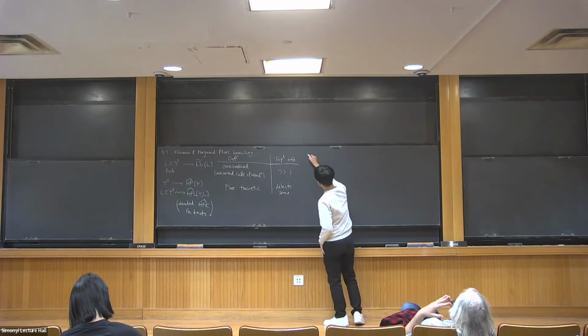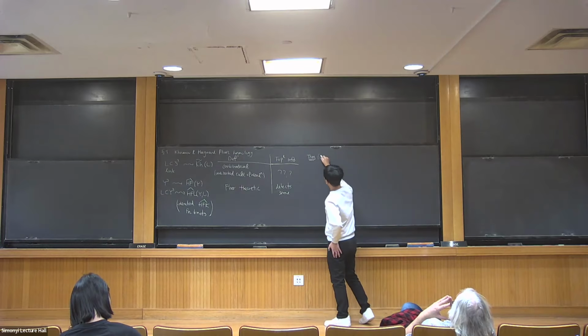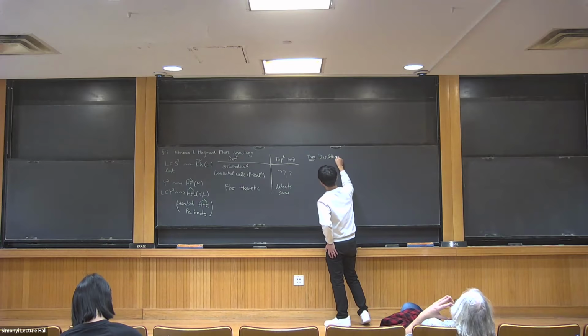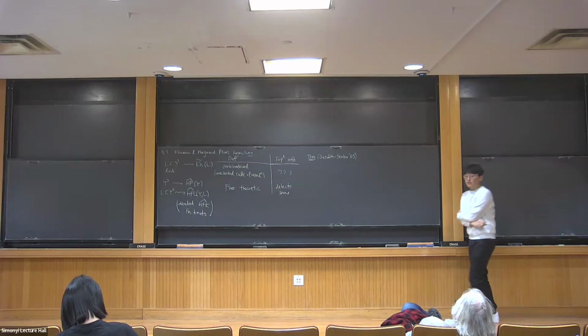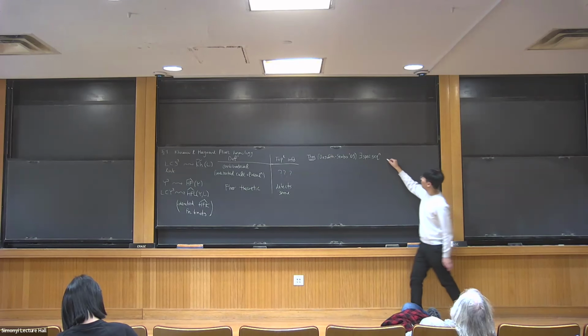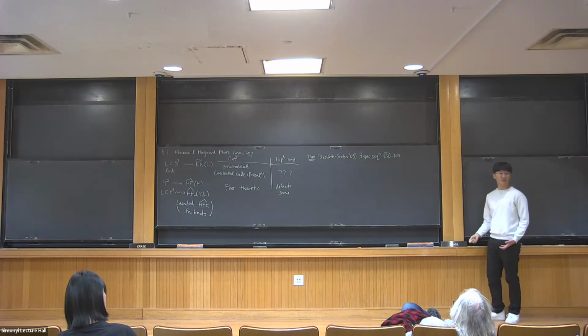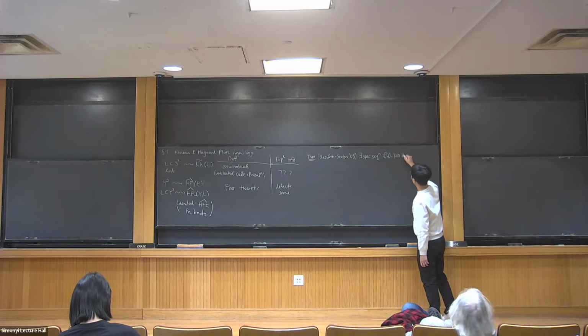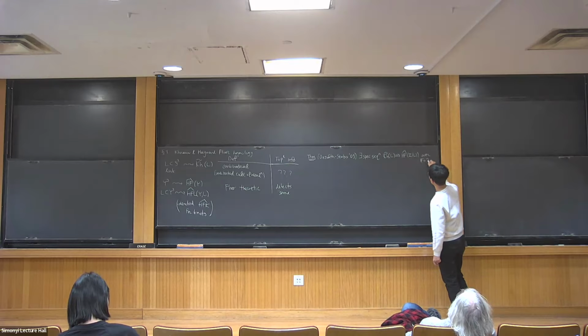And perhaps the first such connection was established by Ozsváth and Szabó, where they constructed a spectral sequence from the reduced Khovanov homology of a link in S3 to the Heegaard Floer homology of the double branched cover of the link in S3. And this is over the field of two elements.